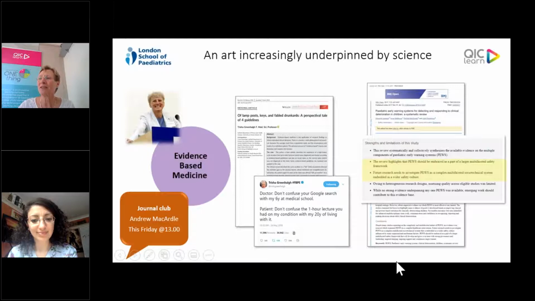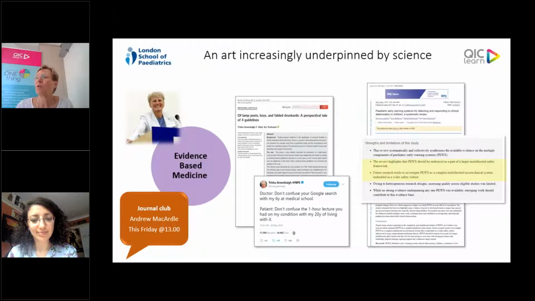And so on the right-hand side here, we've got a paper around deteriorating pediatrics and early warning scores for deteriorating patients. This is a systematic review, I think, published in 2017. I began working on PEWS around 2010, and we were really clear that there was a lot of unknowns around it.